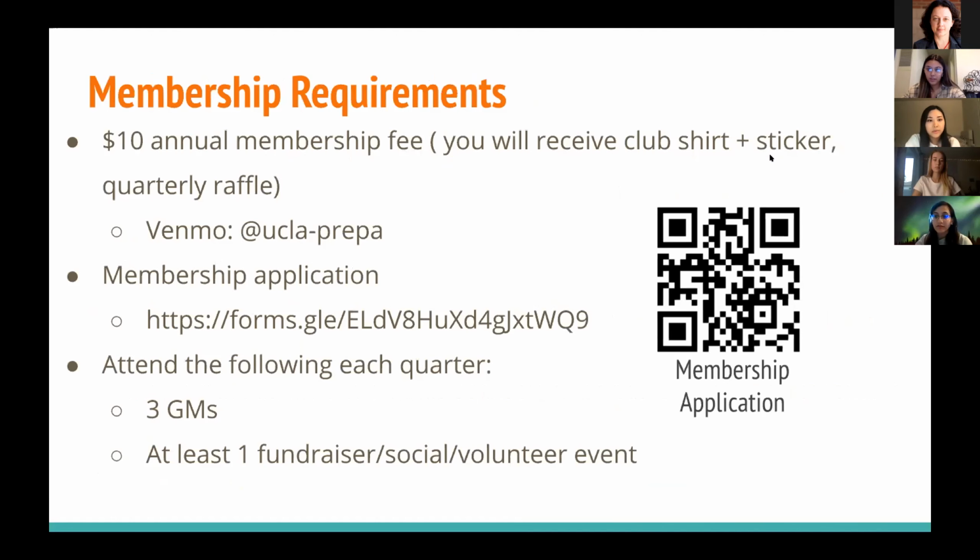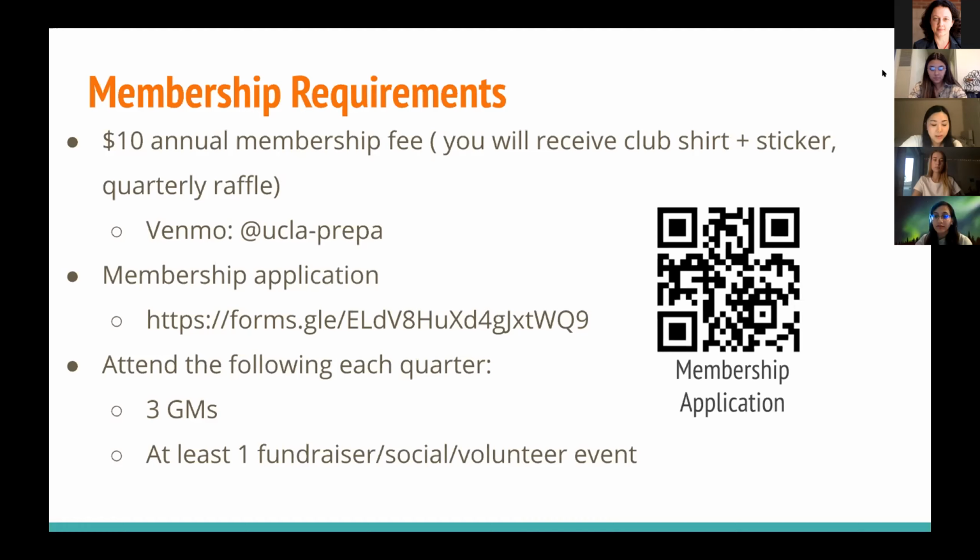Okay, so next we're going to talk about some membership requirements. For the remainder of this academic year, membership is $10 and you'll receive a club t-shirt and sticker and you'll be entered in our quarterly raffles. And also if we ever have any upcoming volunteer opportunities or shadowing opportunities, those are usually limited in space, so you'll have priority placement with those opportunities.